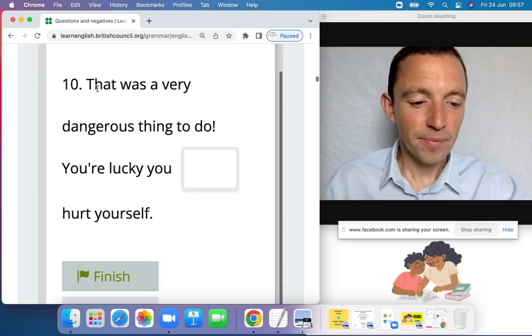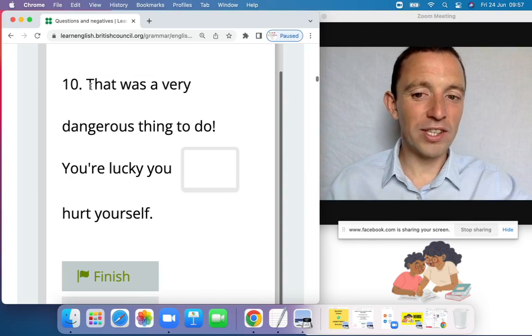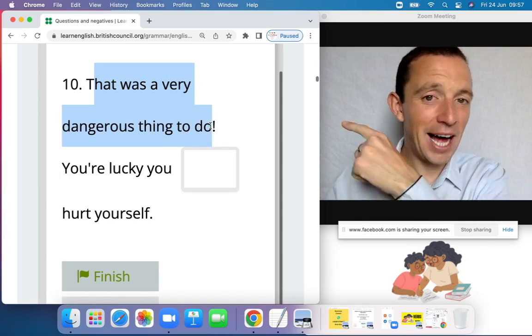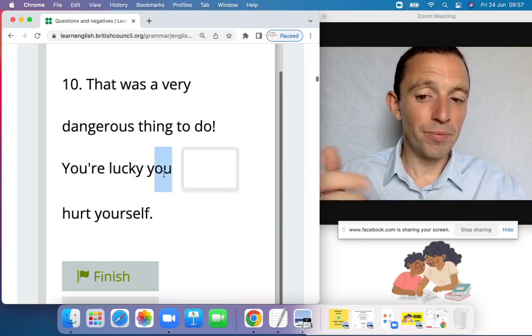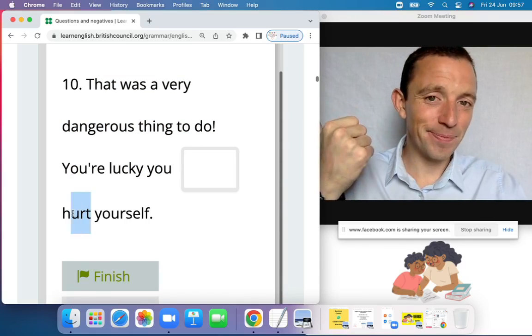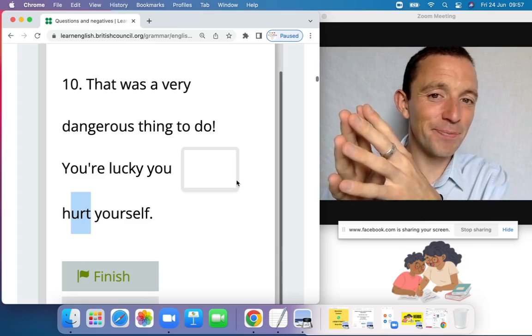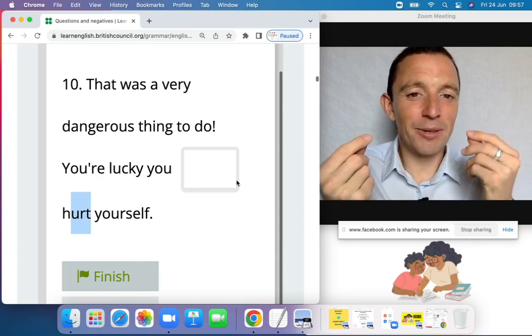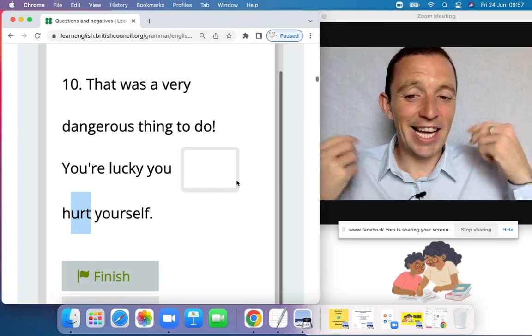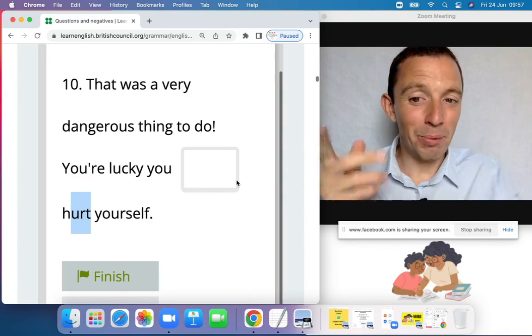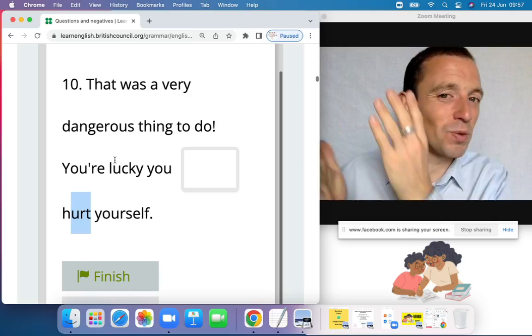Number 10: that was a very dangerous thing to do in the past. You are lucky now. You hurt in the past. So I think it's the past. Hurt is irregular: hurt in the present, hurt in the past, so hurt, hurt, hurt. It's an irregular verb, but in this sentence, the action was in the past.